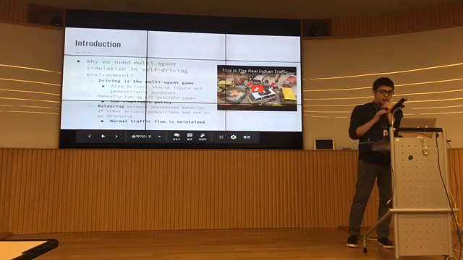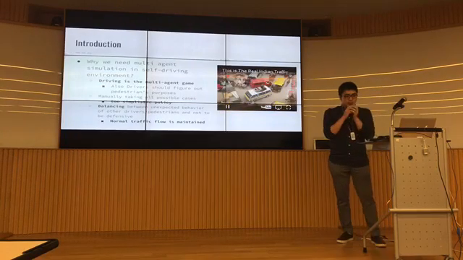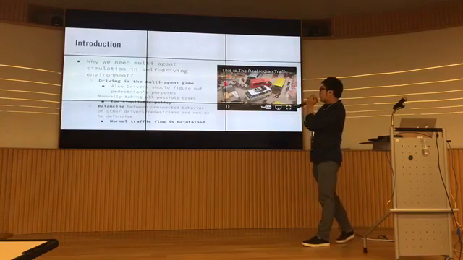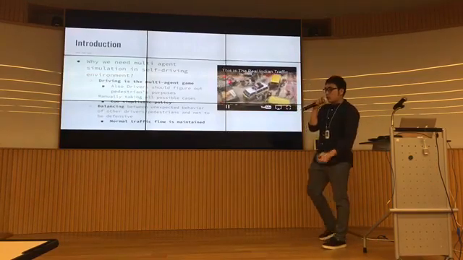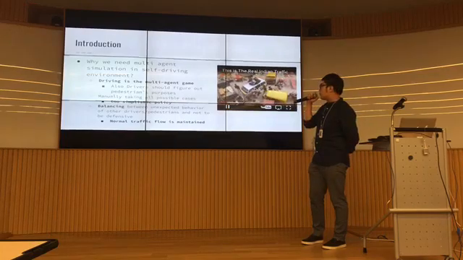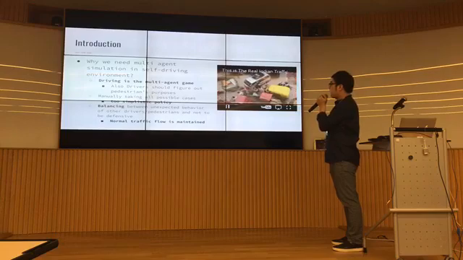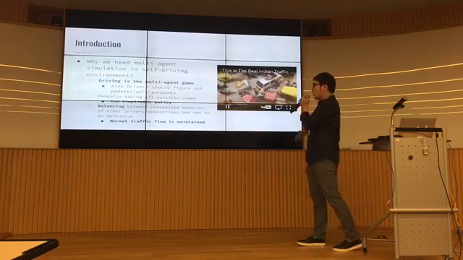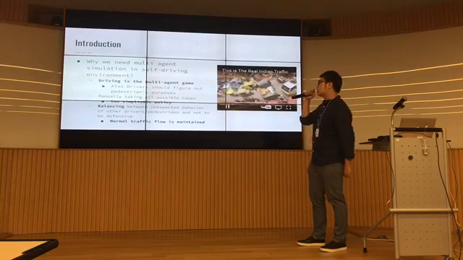And this is another video. This is Mumbai, known for terrible traffic. As you can see in the video, there are so many pedestrians and vehicles. So in this case, the driver should figure out the pedestrians' purpose.